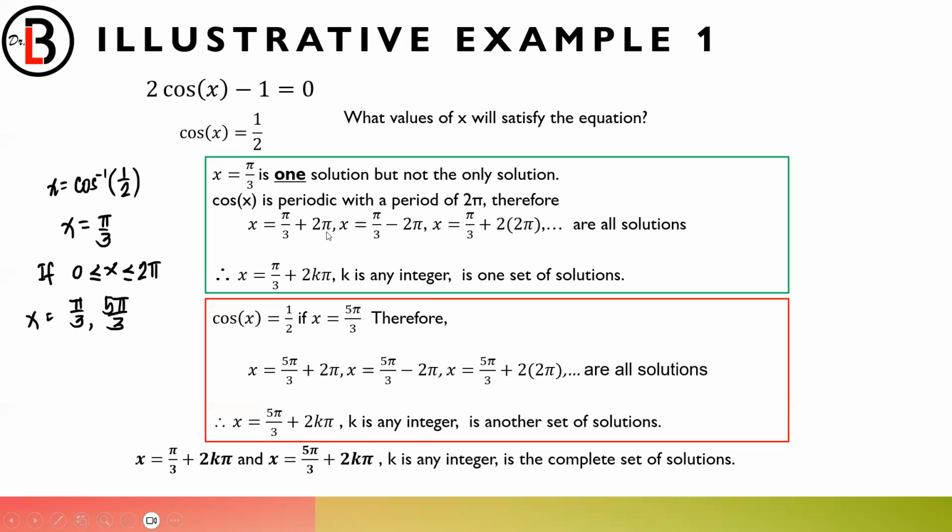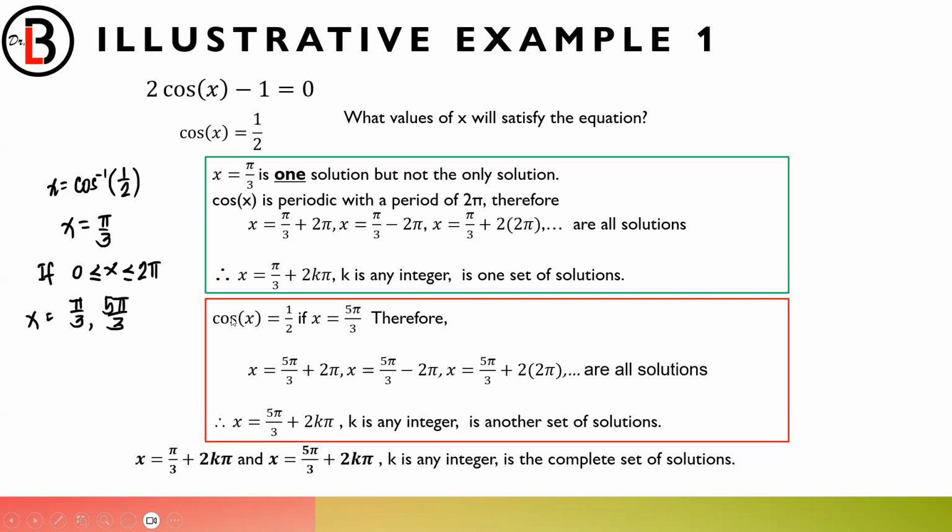Pi over 3 plus a revolution, or pi over 3 minus a revolution. So in order to give us a general form for the answer, I can say x should be equal to pi over 3 plus X number of revolutions. So 2k times pi because 2 pi multiplied to k where k is any integer.